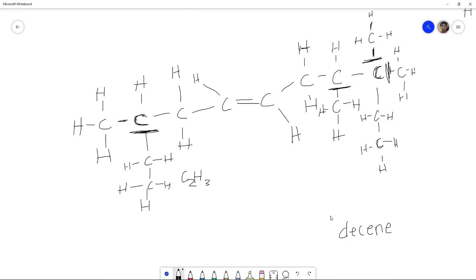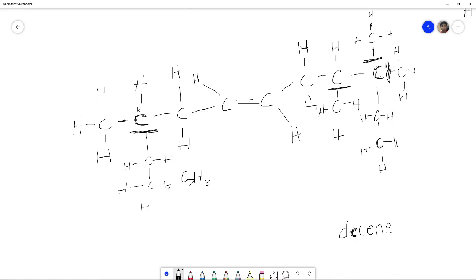Just like we try to choose the smallest number of something, we also like to go in alphabetical order. So when adding the groups onto the name of the molecule, we always want to go with the name that comes first in alphabetical order.